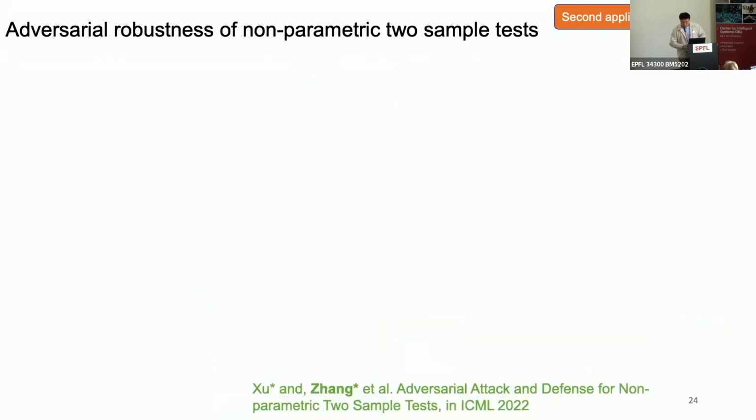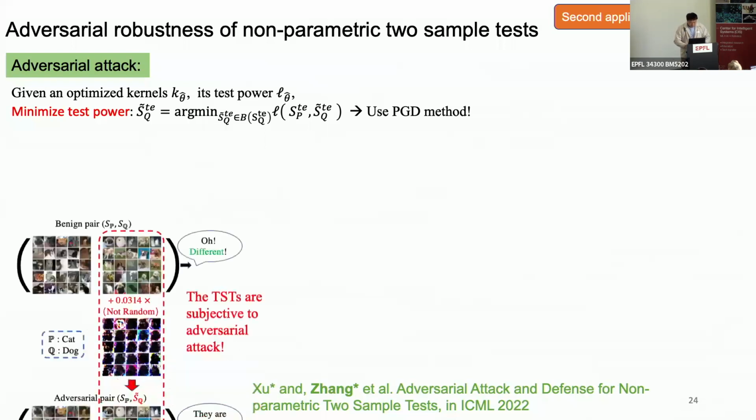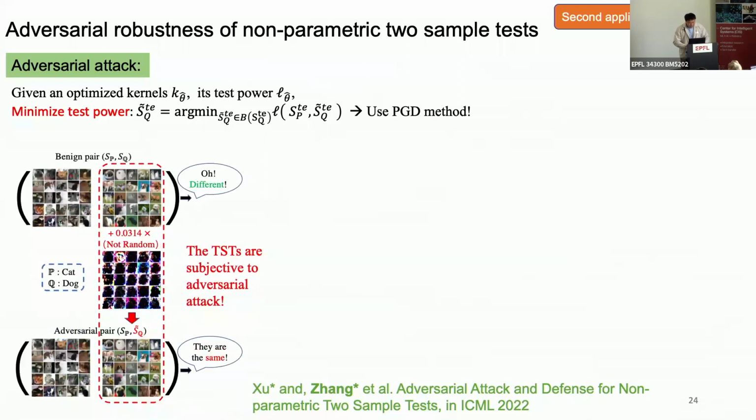Okay, now we consider a potential risk that can cause a malfunction of the non-parametric two-sample test. To this end, we use the PGD method to minimize the test power on the test data to search for the adversarial pairs. For example, we have lovely images of cats and dogs.